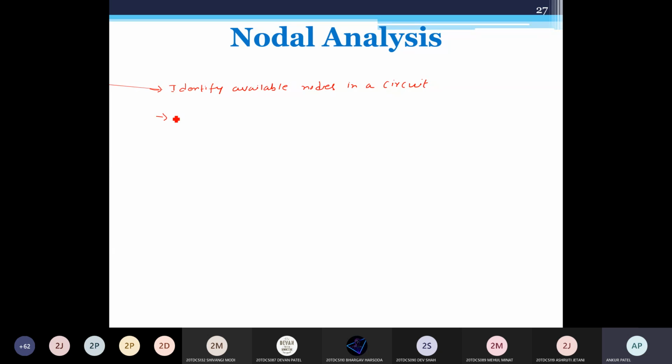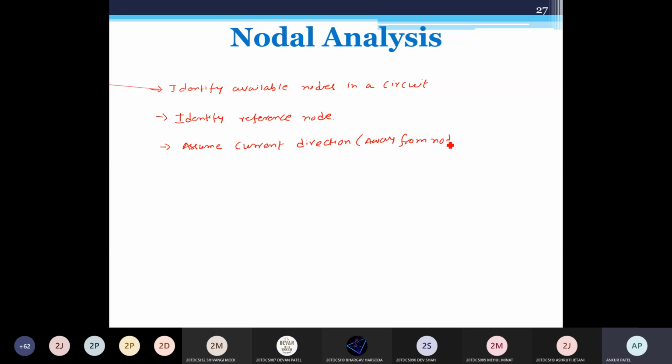Second, identify the reference node. Third, assume current direction. Generally, just consider away from the node.